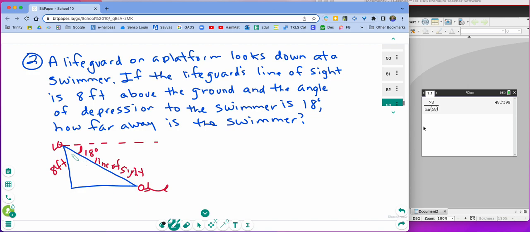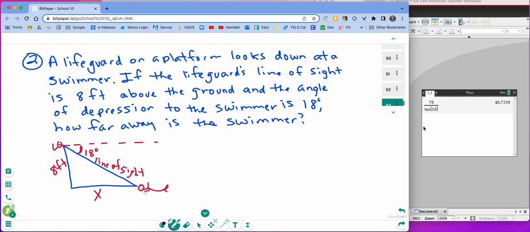The angle that's made with the line of sight and the horizontal line is your angle of depression, and it is 18 degrees. So now what we're trying to figure out is how far away is the swimmer. So we're trying to find this distance from the base of the lifeguard's post to where the swimmer is.